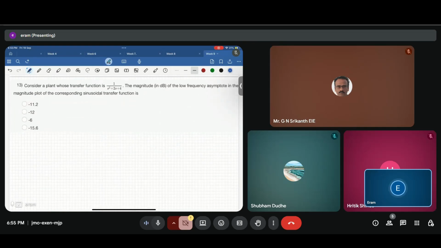Okay, now consider a plant whose transfer function is a second order plant. We have 1 by s square plus 2s plus 4. What is the magnitude in dB of the low frequency asymptote in the magnitude plot? So first you have to find the low frequency asymptote and find its magnitude.